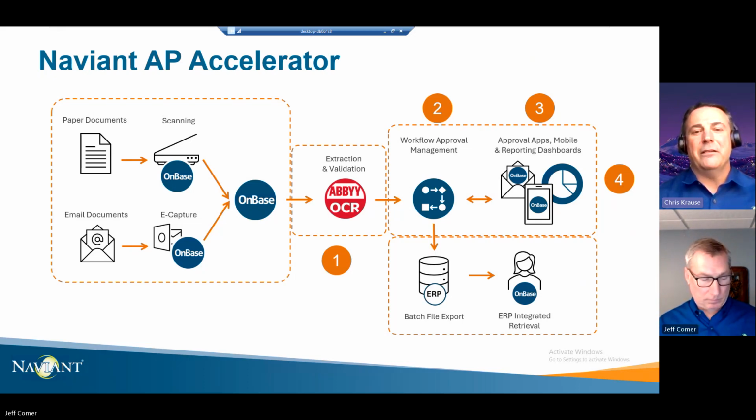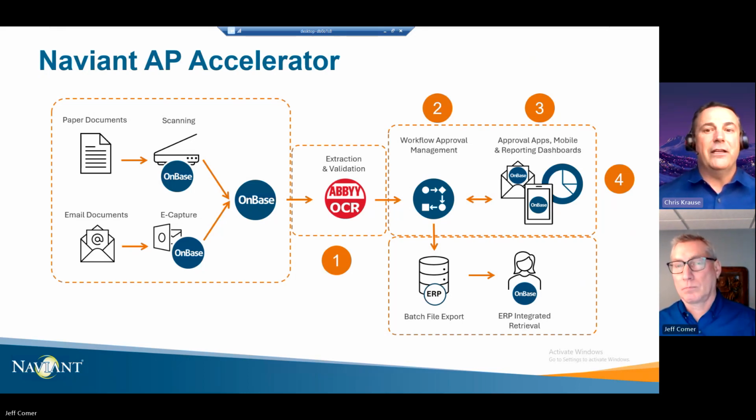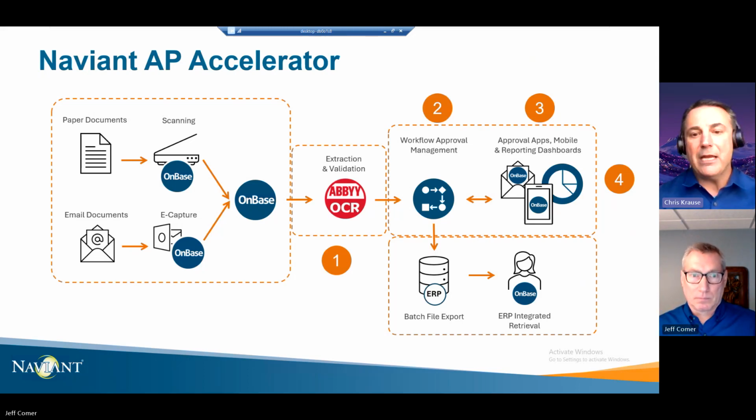Then once that's completed, they come back to the workflow approval management, where we can route it for approvals using the approval apps or our mobile device, and you get to see the reporting dashboards. Once it's completed, it goes out to your ERP for payment processing, with full integration.